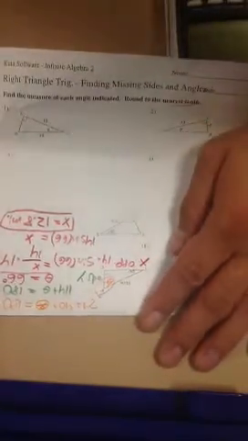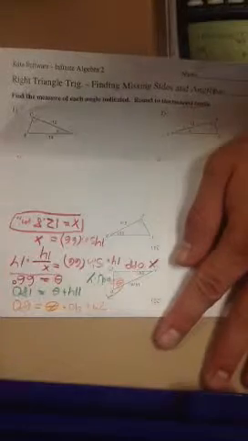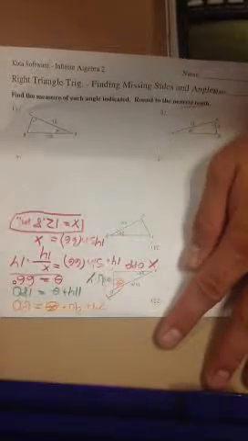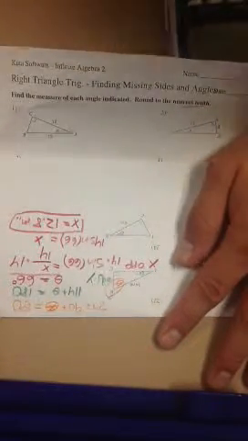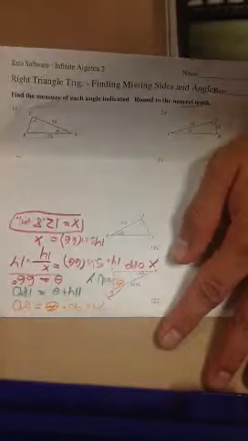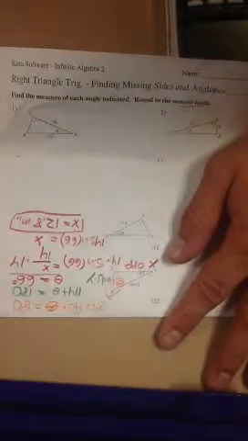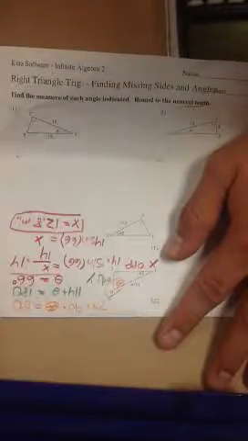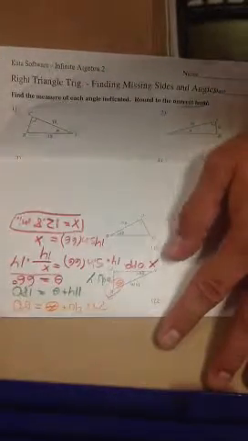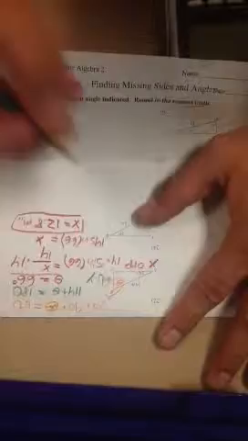Now there's two options you can use here. You can go ahead and use the Pythagorean theorem, or we can use another trigonometric ratio. Since you guys have had a lot of practice with trigonometric ratios already, I'm going to use a trigonometric ratio. Let's use cosine to solve for y.